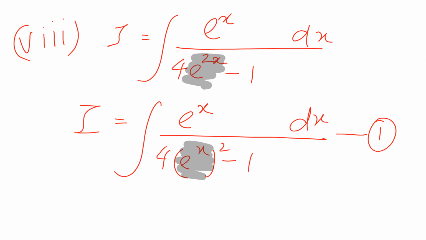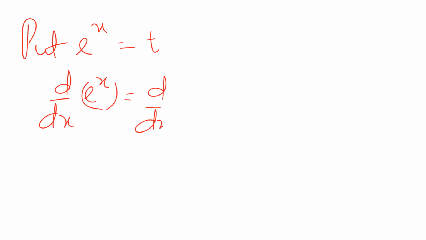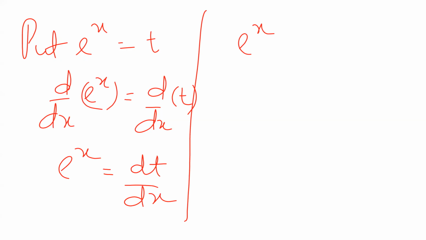The top e raised to x dx will become what? I'll solve it so that those who are still confused will get some help. Put e raised to x is equal to t, d by dx of e raised to x is dt by dx, so e raised to x dx is equal to dt.